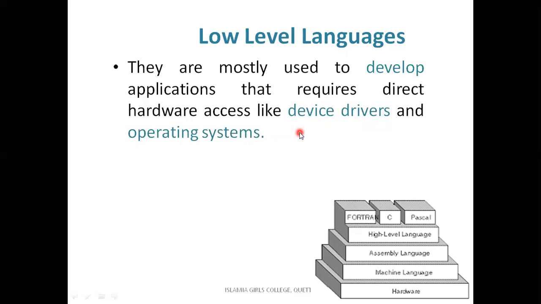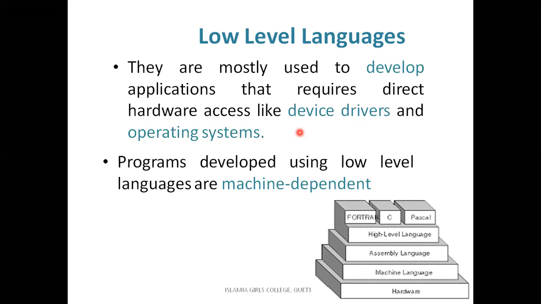This means that they are mostly used to develop the system softwares, because system softwares are those softwares which interact directly with the hardware. And the low-level languages provide us accessibility to the hardware. Therefore, we will use the low-level languages for developing system software.